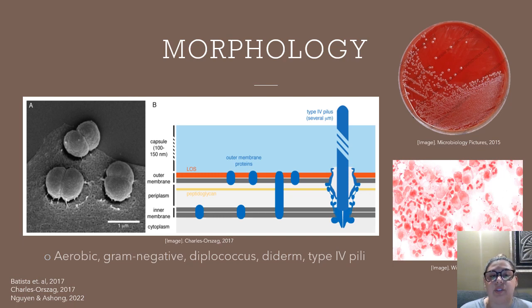It possesses two membranes separated by a periplasmic space containing peptidoglycan. It typically expresses type 4 pili and a polysaccharide capsule. And also on the screen here to the top right, I have a blood agar plate, and on the bottom of that blood agar plate, I have a gram stain of the bacteria as well.